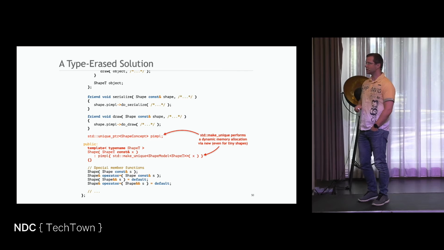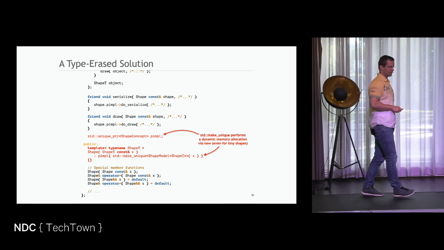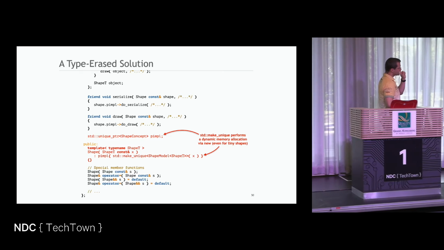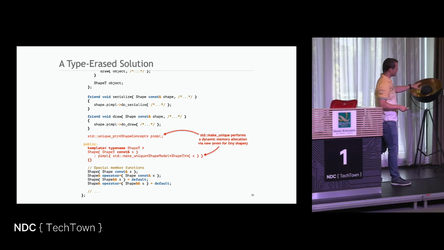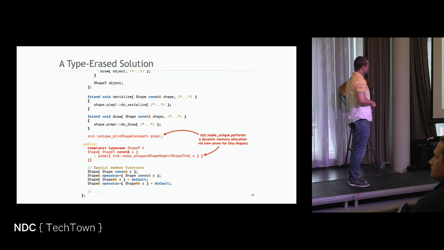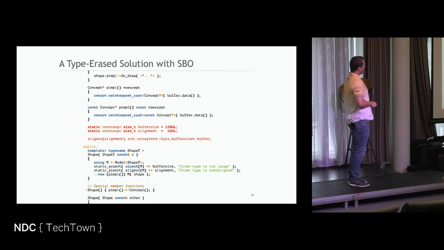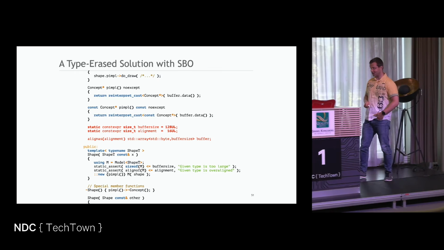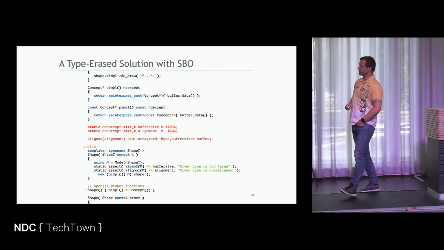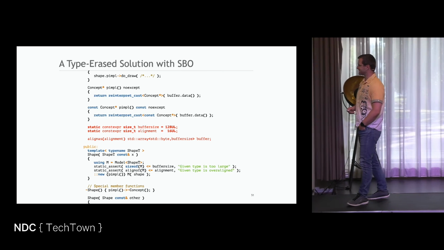So let's make it a design choice. Let's turn this into a class that never allocates. Of course, this is the other extreme. You can have something in the middle. But let's say that we never want to allocate dynamically. So now what I choose instead of a unique pointer to base is a std::array of bytes. Okay, this starts to sound very low level, I know, but you'll see this is actually not super tough.